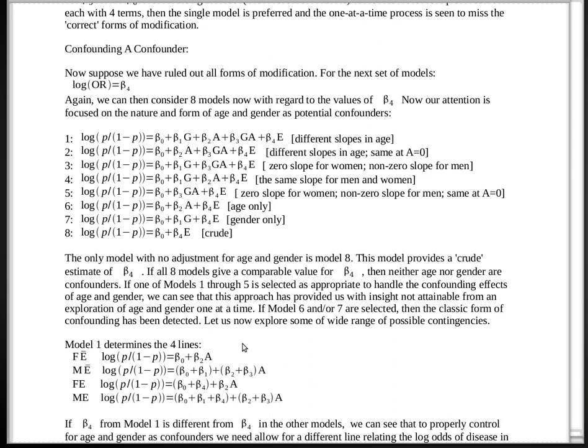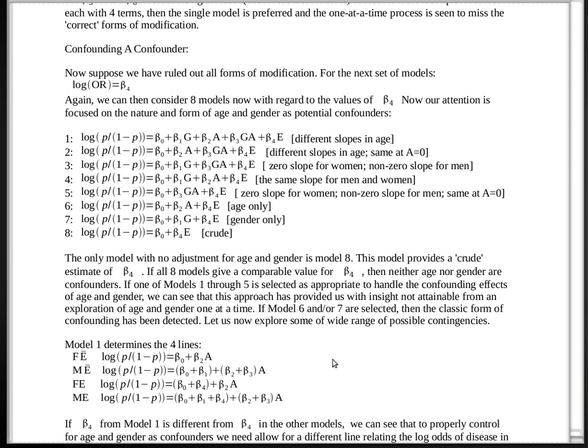Now, it turns out that if one of models 1 through 5 is determined to be appropriate for handling the confounding effects of age and gender, then we've got from this model-based approach something we didn't get from either a one-at-a-time analysis or attempts at stratified analyses.